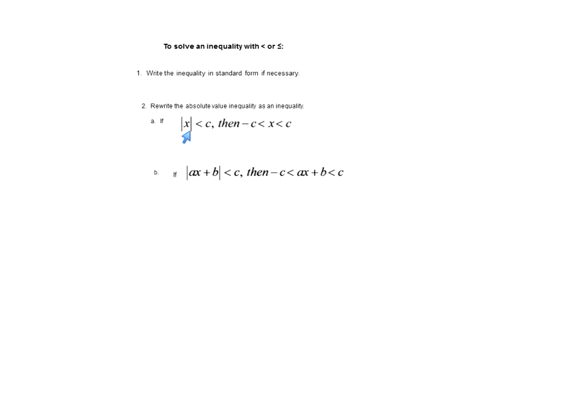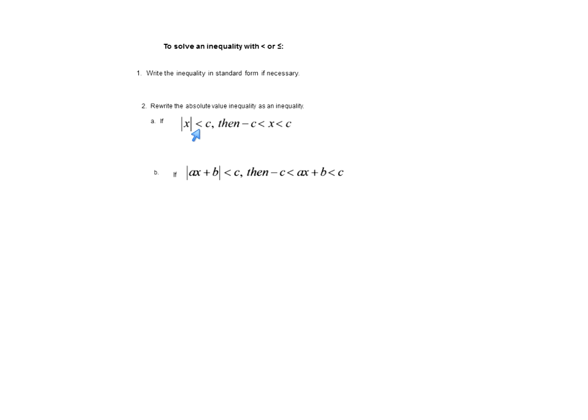They're all by themselves. Okay, once it's in standard form, and it has a less than symbol, you will rewrite this inequality as a 3-part inequality. The middle of the inequality is the expression that's inside the absolute value bars, except you are dropping the absolute value bars. The inequality symbols are the same as what you started with.